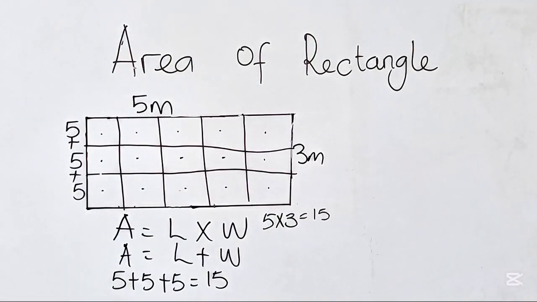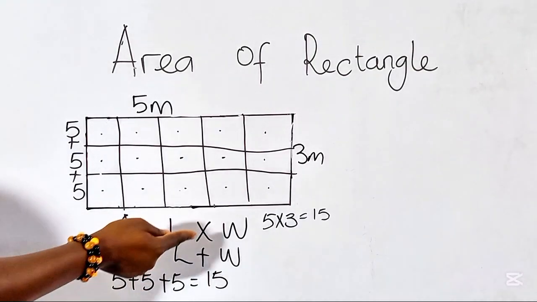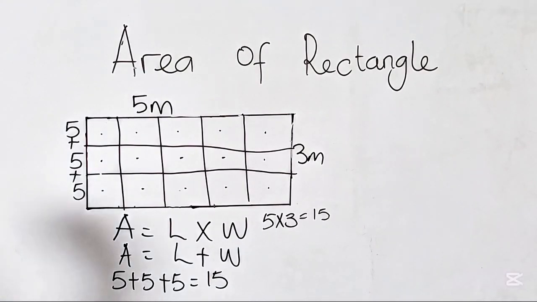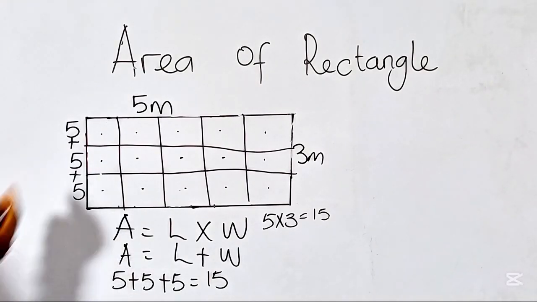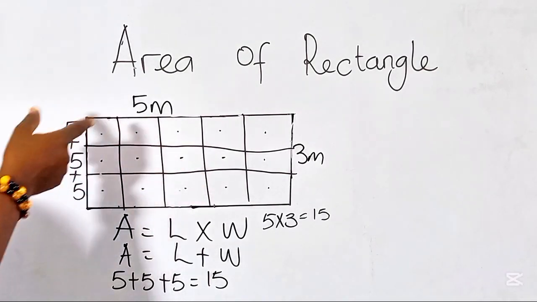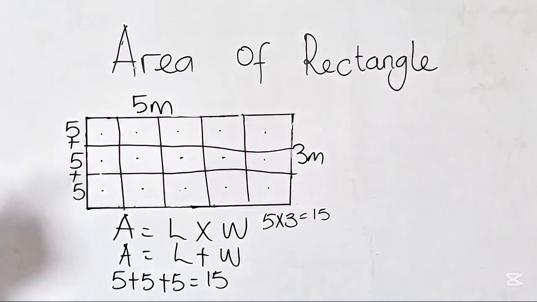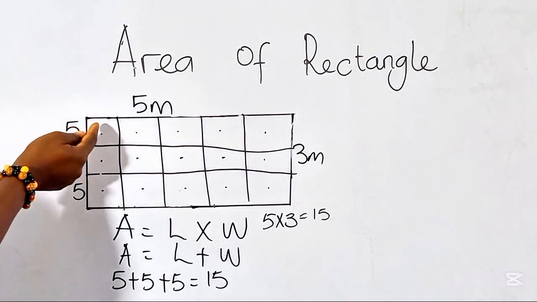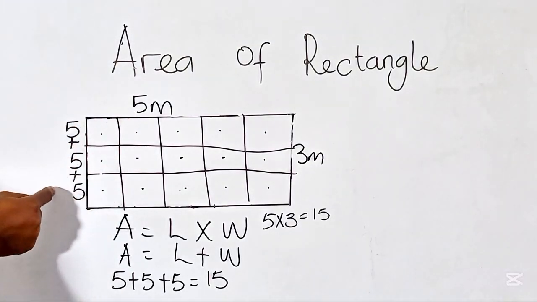So now you see the formula length times width is just a clever shortcut for counting every single square inside this rectangle. Now let's see what happens if we try to calculate the area by adding 5 and 3.